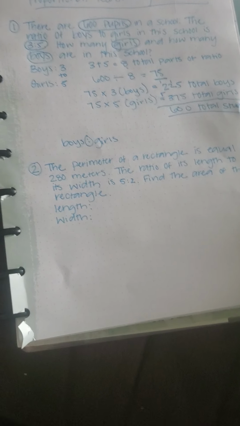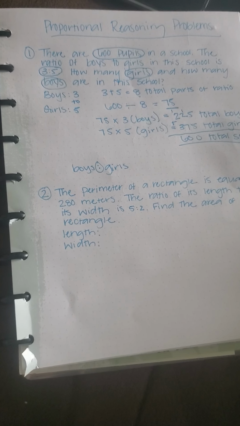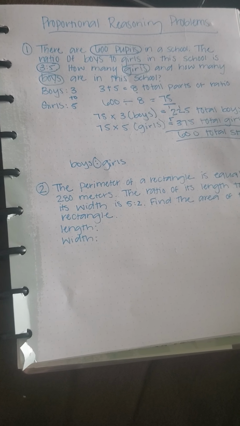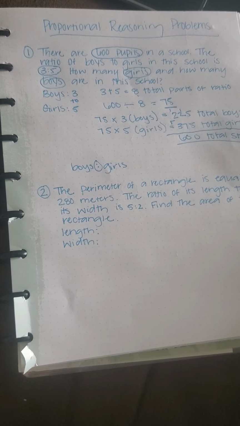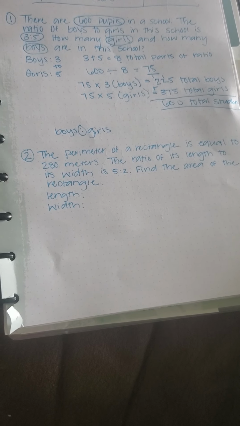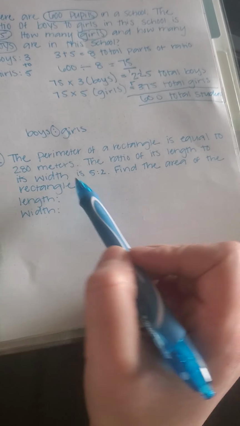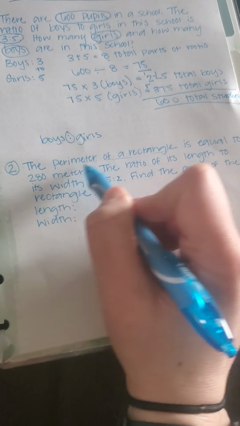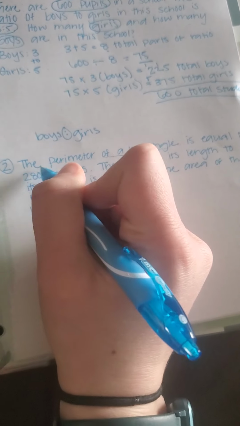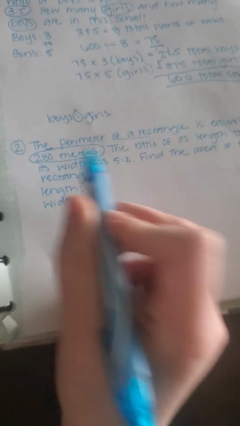Let's move on to our second problem. It reads, the perimeter of a rectangle is equal to 280 meters. The ratio of its length to its width is 5:2. Find the area of the rectangle. We're going to do what we did in our first problem: dissect this and find our important information. The perimeter is 280 meters, so this is the total.